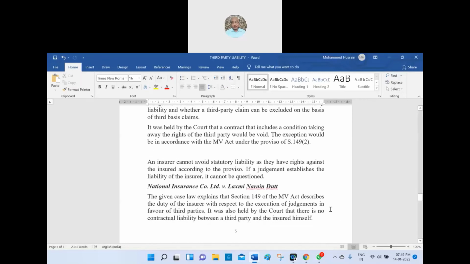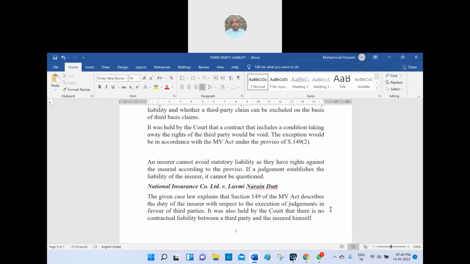An insurer cannot avoid the statutory liability, and they have a right of recovery against the insured. According to the provisos, it is an established judgment that the liability of the insurer cannot be questioned. See, we cannot question the liability of the insurer, because the insurer definitely has to pay as long as the insurance is there, the premium was paid, and the insurance is in existence.